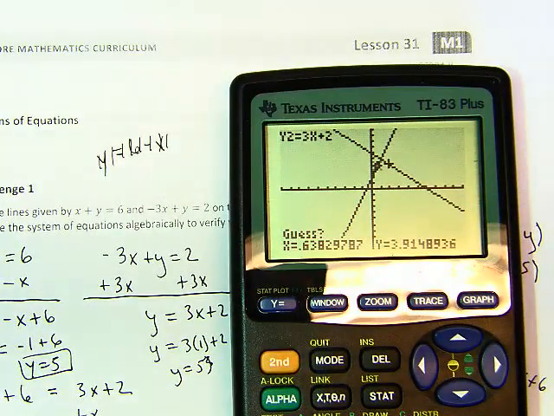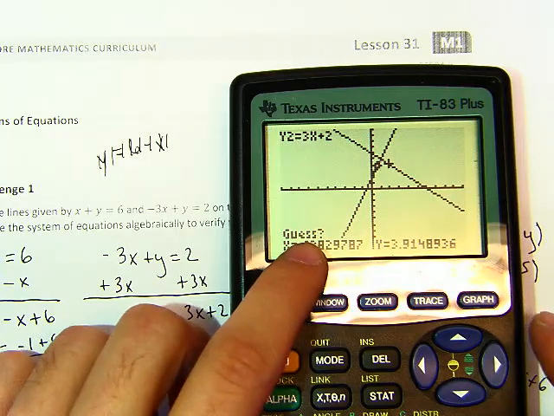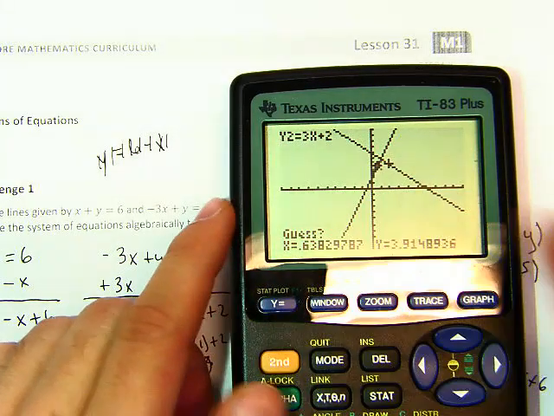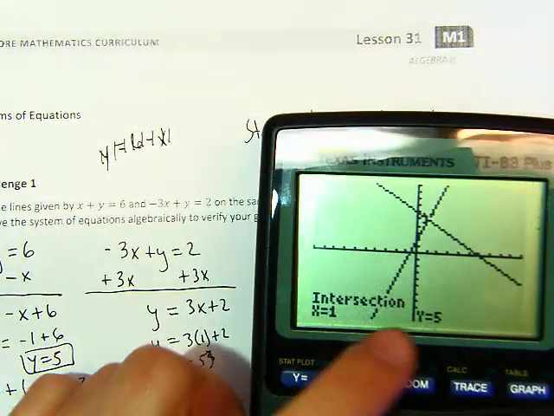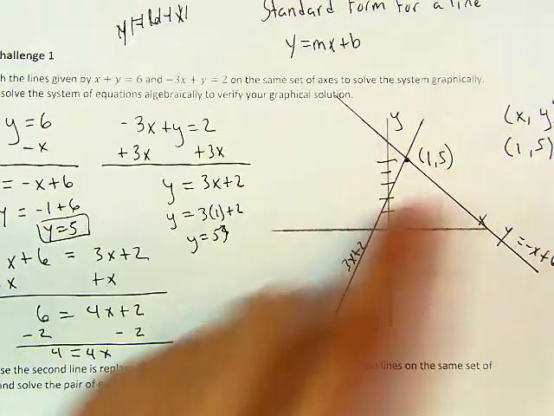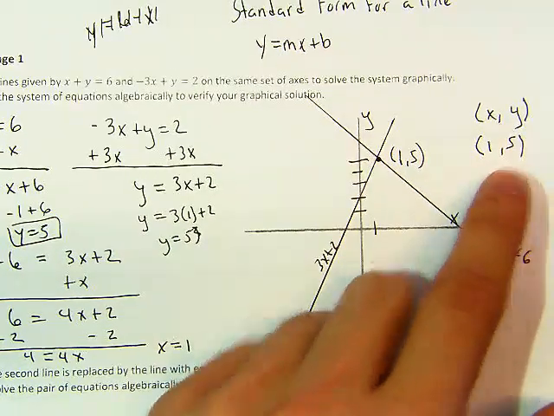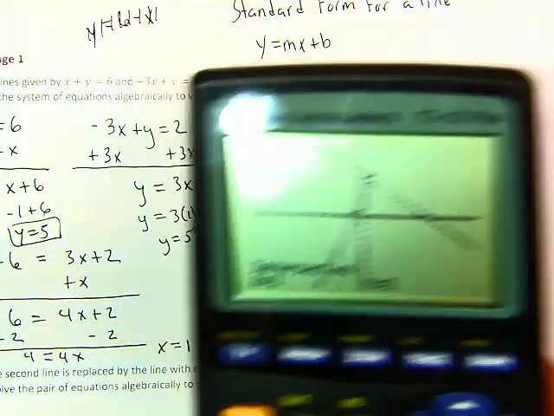You hit enter again, and then you hit enter again. And you see, look here, it's going to say guess. So it's going to guess the point of intersection, and if you hit enter, it says intersection at x equals 1 and y equals 5, which is what we algebraically did here, and by the calculator you can also show it here, okay?